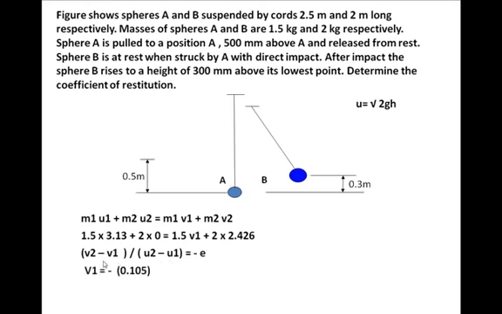And we have another equation: velocity of separation upon velocity of approach is equal to minus the coefficient of restitution. These two will enable us to solve for v1 and e. From the first equation you solve v1, put it in the second, and we get e as 0.808. Thank you.